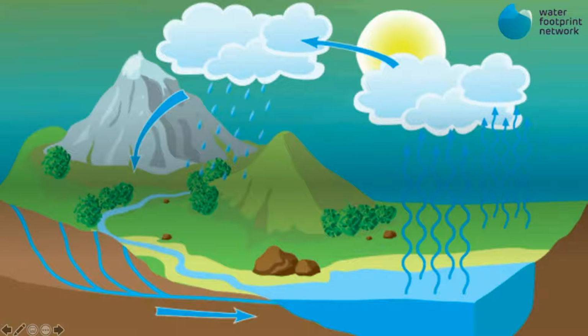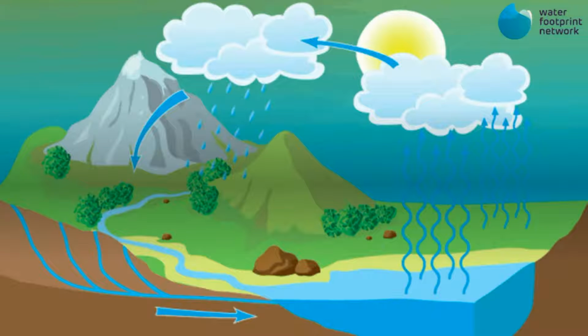It's not running free in a river, and it's not on the ground as groundwater. It's humidity that is in the soil. So this is another type of water resource. Depending on where the water is, we will have a different type of impact or footprint.